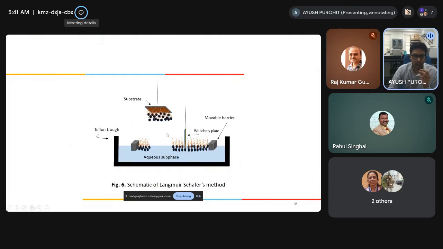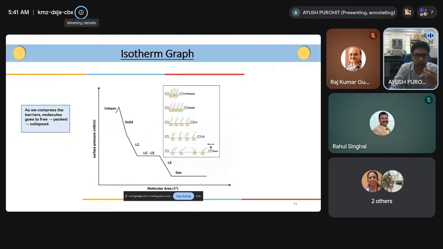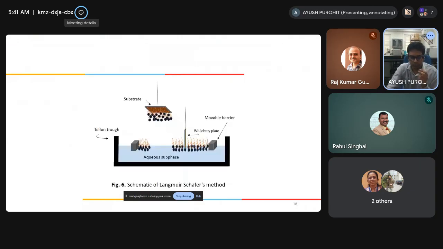And this is the second one, the Langmuir-Schaefer method. Here we use a vertical deposition technique. We just touch the air-water surface where the molecules are spread, and we just lift it back with the help of the LB software or LB feedback mechanism.